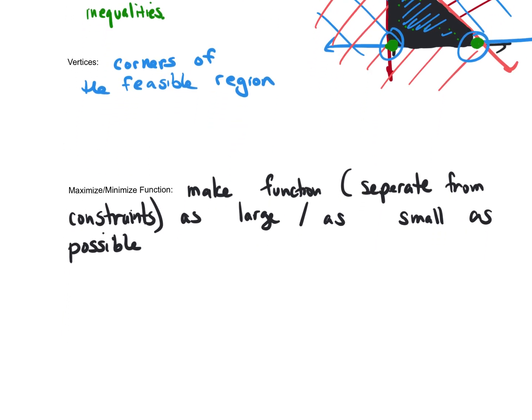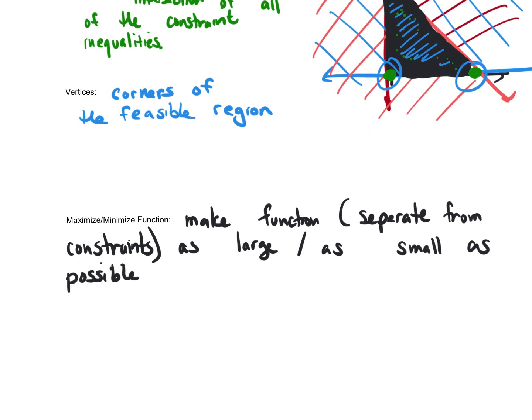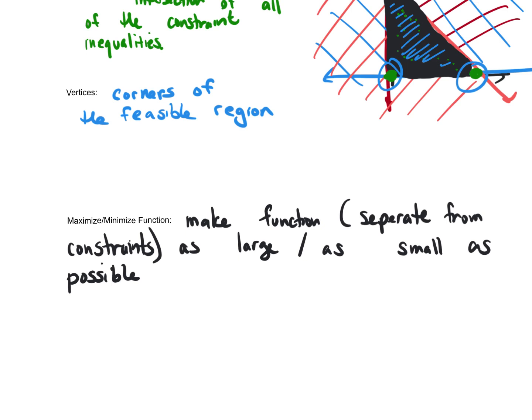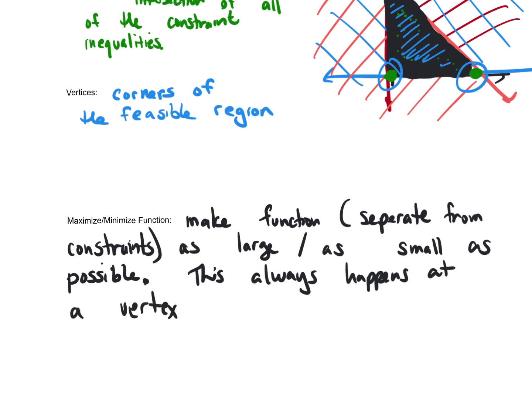Now the last thing we have, and really the cool thing about this, is that the maximizing and minimizing always happen at the vertices. So this always happens at a vertex. This is kind of a crazy thing to think about, and this is the key of linear programming.